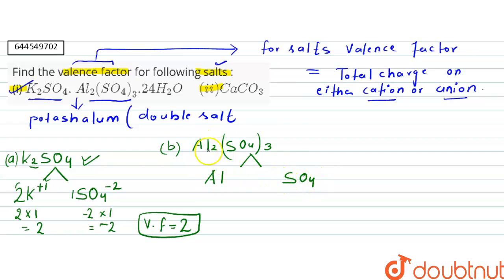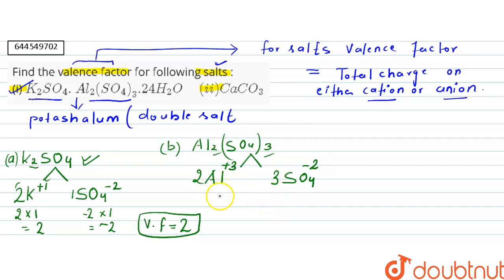We know that there are 2 moles of aluminium, so we will write here 2, and 3 moles of sulfate, so we will write here 3. And one more thing, we know that aluminium has +3 charge, so we will write here +3. And sulfate has -2 charge, so we will write here -2.